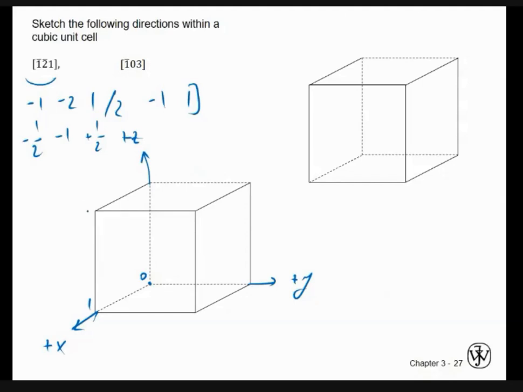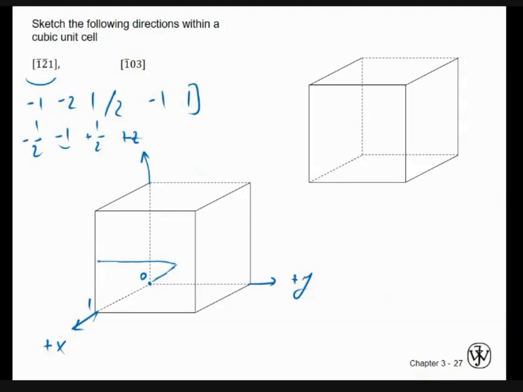Now we can start to draw them. So this is positive X. I need to move half in the negative X direction. I guess it will be enough. Now I'm here. Now I need to move negative 1 in the Y direction, moving to the left by this full proportion.